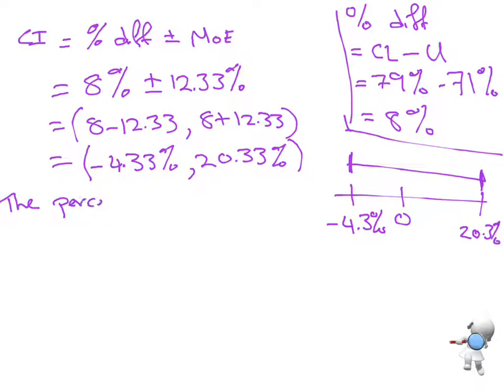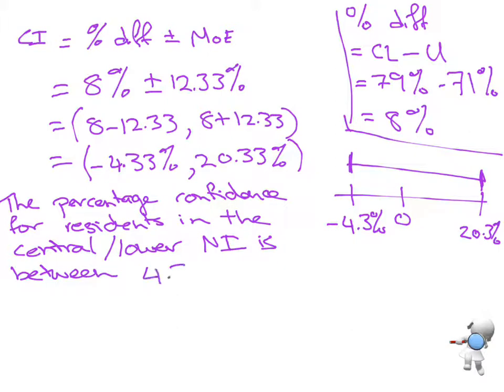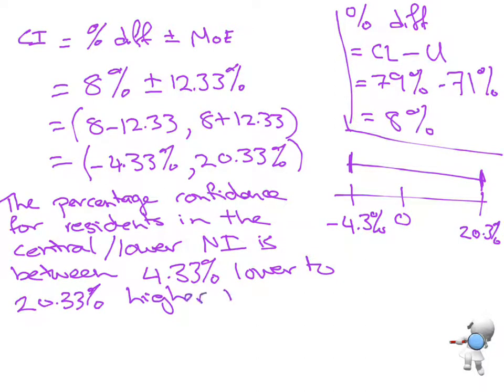The percentage confidence for residents in the Central / Lower North Island is between 4.33% lower to 20.33% higher than the Central North Island residents. Okay, so there's my interpretation.